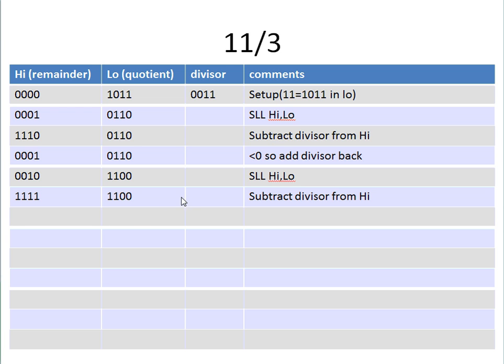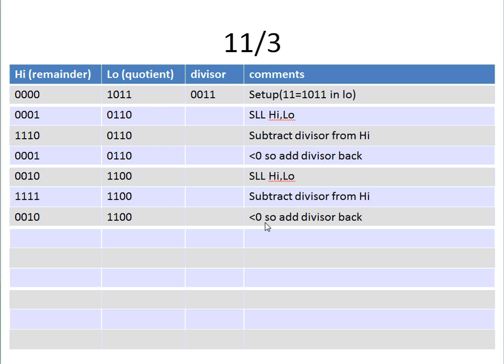Then, next step, I have to subtract from high. There's high, minus 3, so it's 2 minus 3, and I get negative 1. It is negative, so that's telling us that this is not going to be big enough.